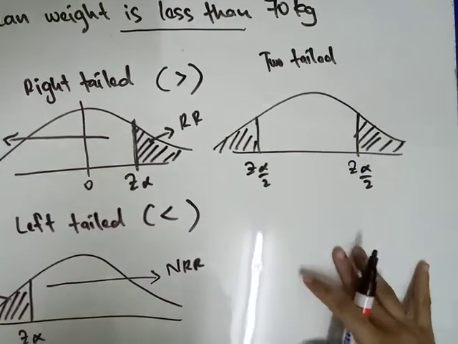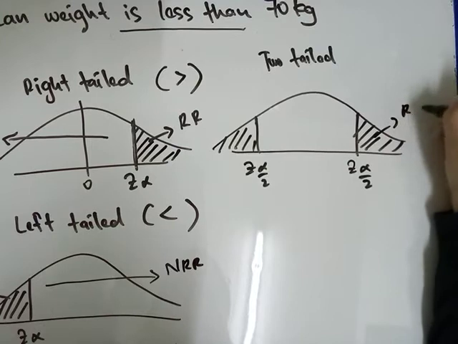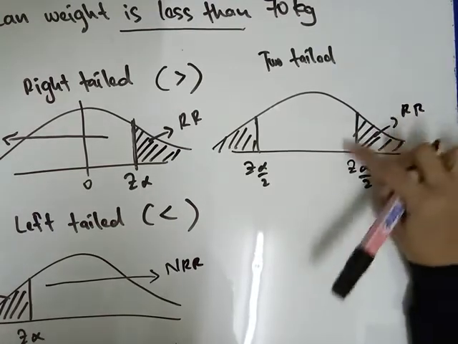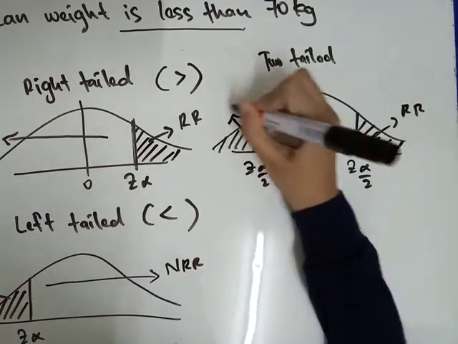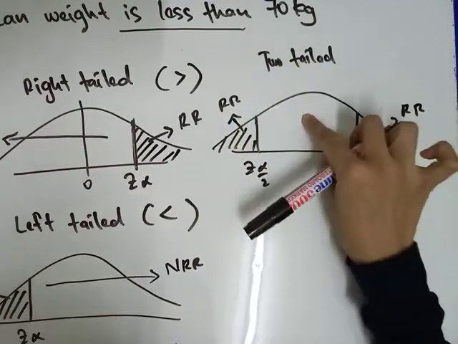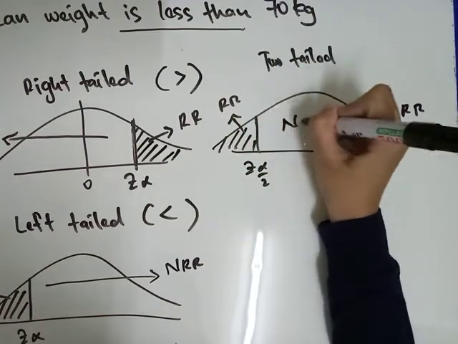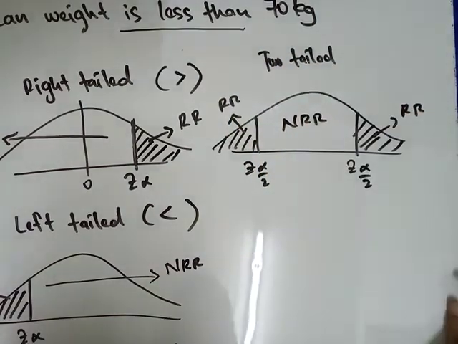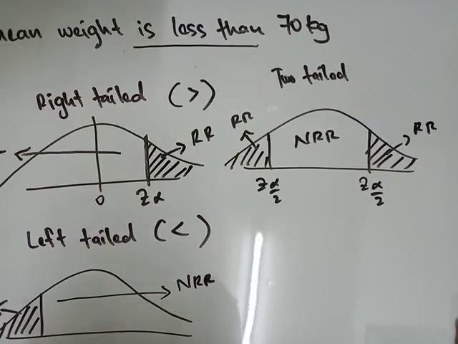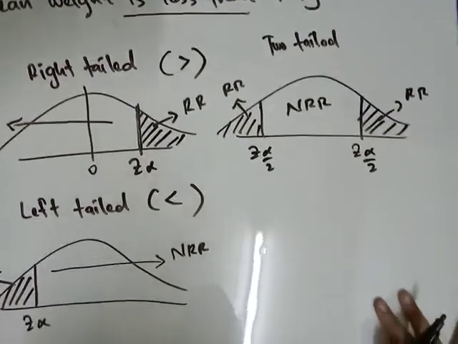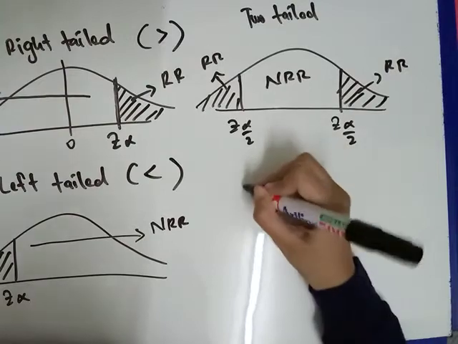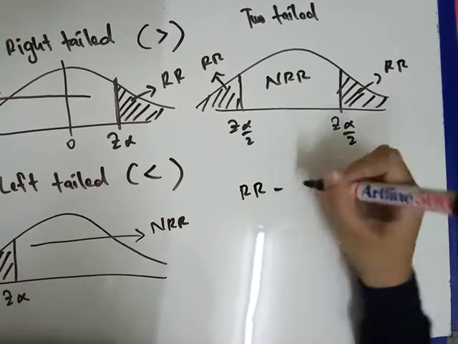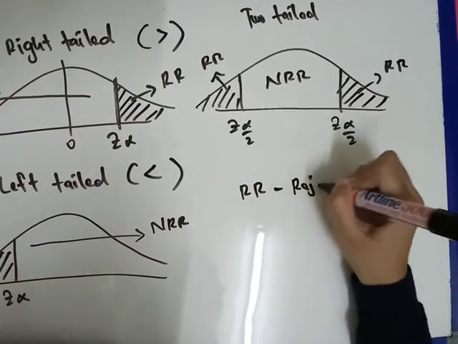So this is RR. It is known as RR, rejection region, yang shaded area ni. This one also RR. So yang kat tengah-tengah ni adalah NRR, non-rejection region. Okay, so RR means reject H0.